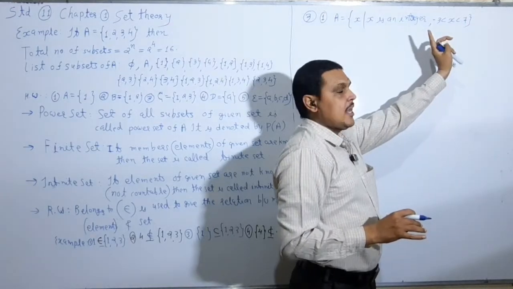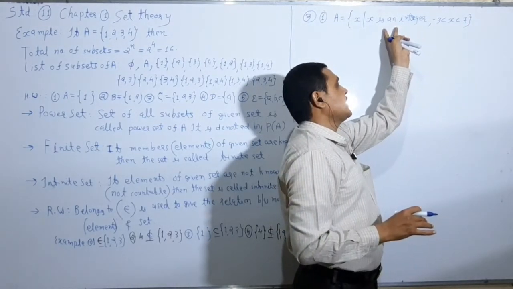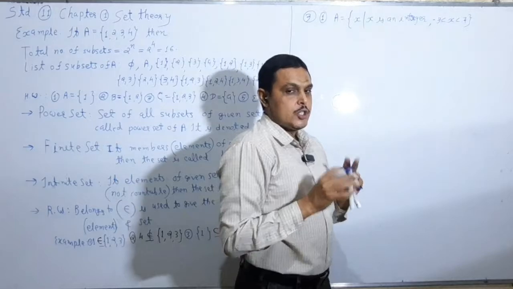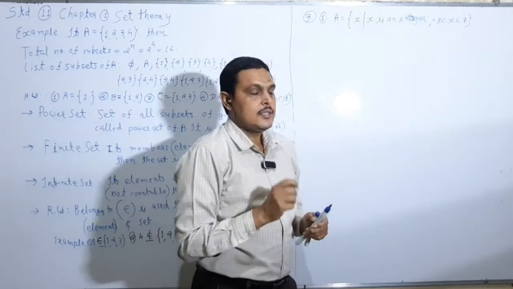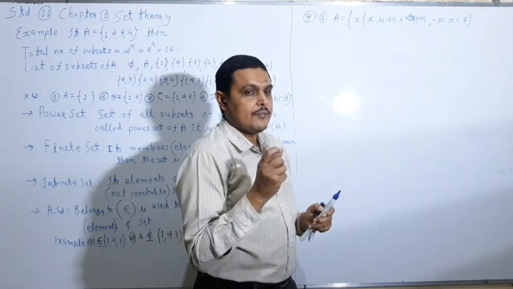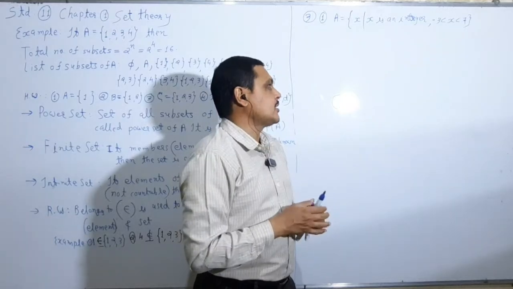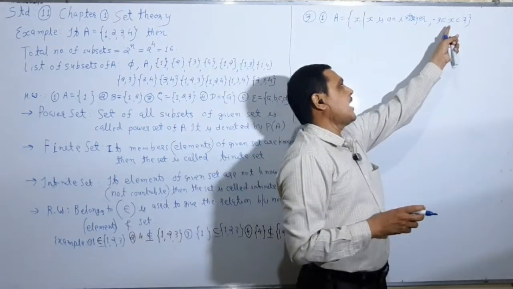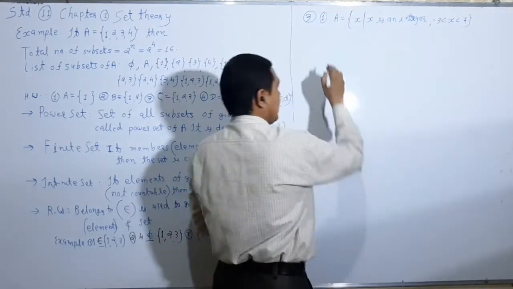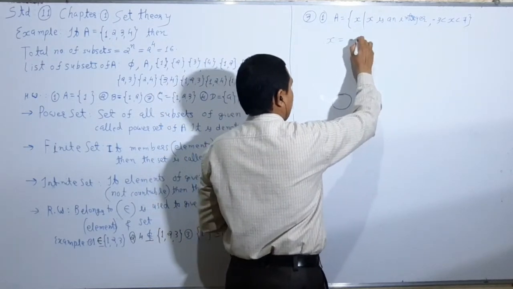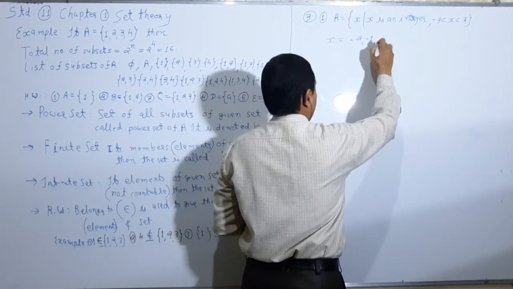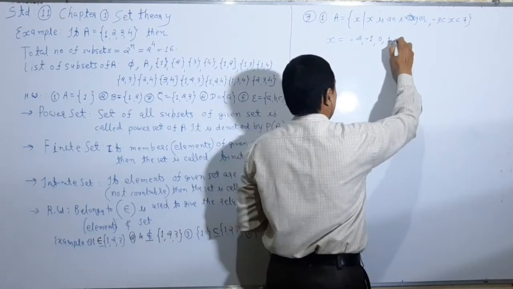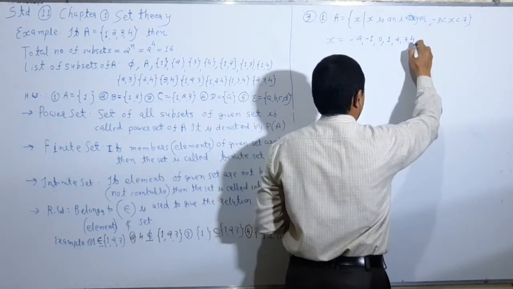So here, according to these two conditions, the value of x is between -3 and 7, and we have to take x as an integer. So think which are the numbers which are integers and between -3 and 7. So these values are -2, -1, 0, 1, 2, 3, 4, 5, 6.